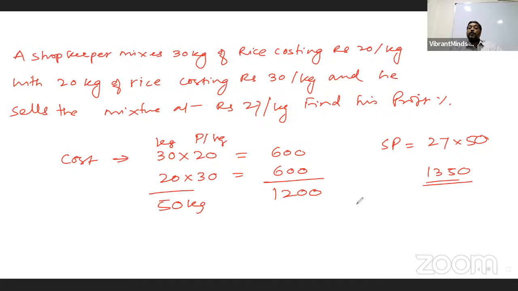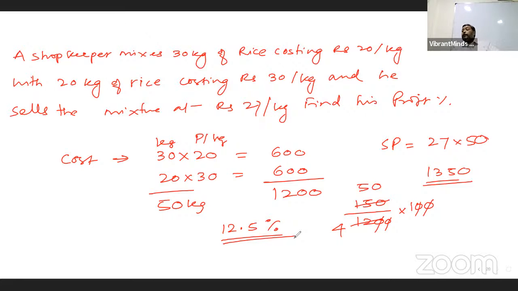So his profit is 150 over 1200 into 100. The zeros cancel, and we get 50 by 4, which is 12.5%. Is it clear, guys?